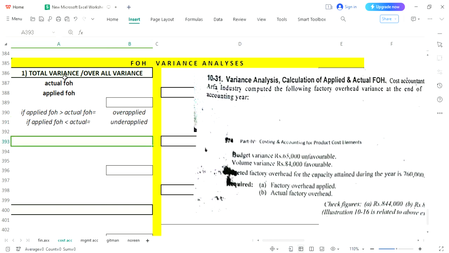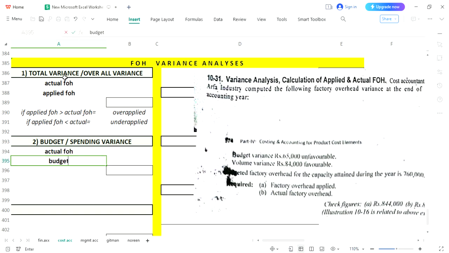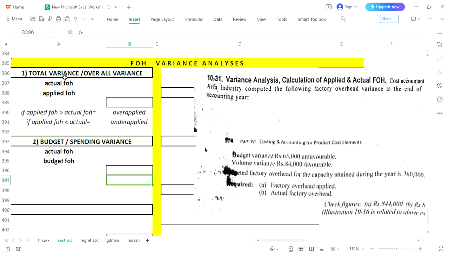Now come to the second variance, which is the budget variance. Budget variance or spending variance is calculated through actual FH and budget FH. Here you calculate the variance by taking the difference of actual and budget. The next step is to conclude, focusing upon your actual FH.